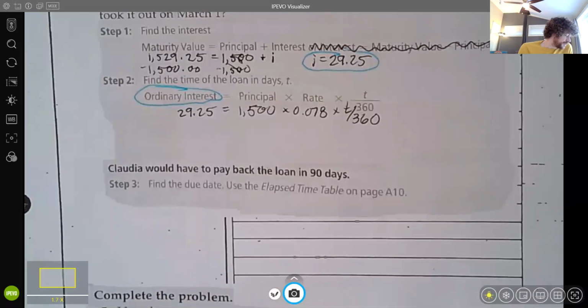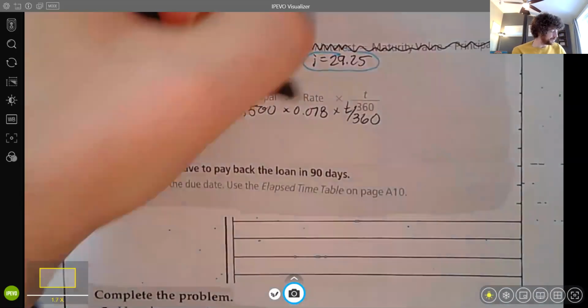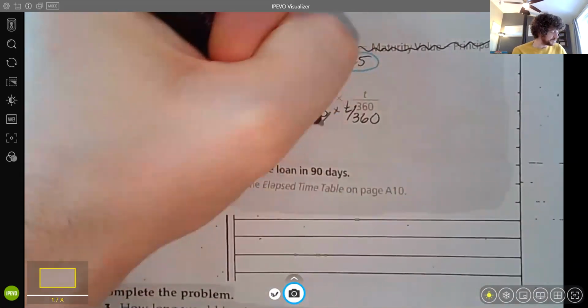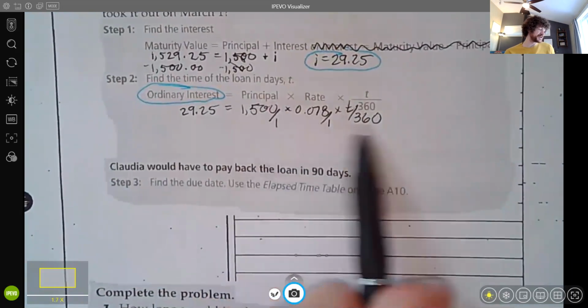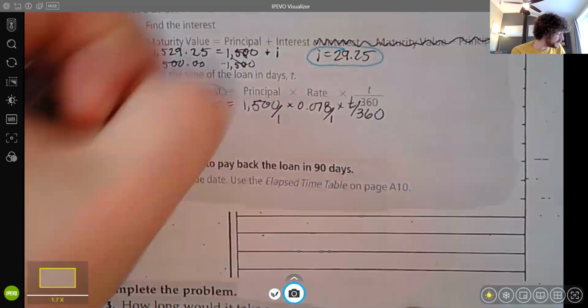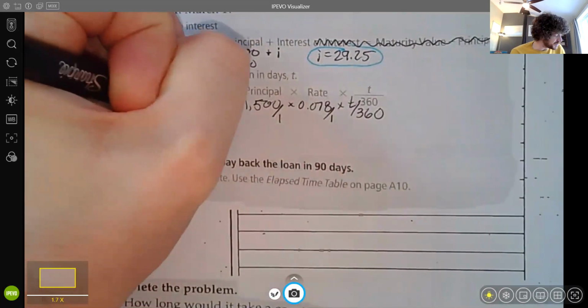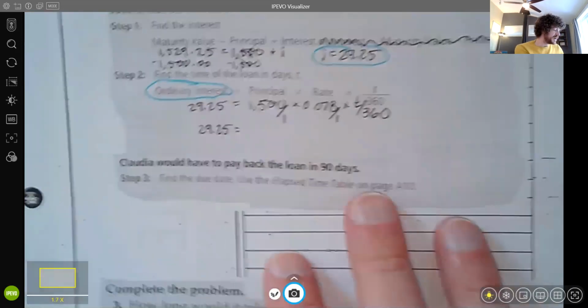Now, fortunately, with multiplication, all of those things can be put over 1. And when you multiply, you can just multiply straight across the numerators and straight across the denominators. So that'll give us 29.25 equals everything across the top.